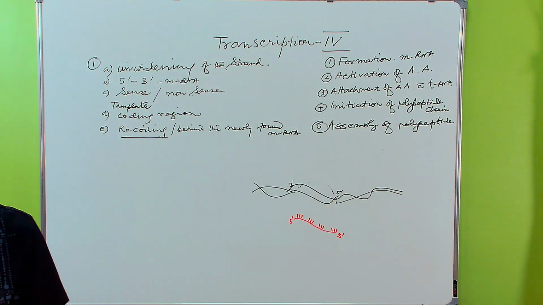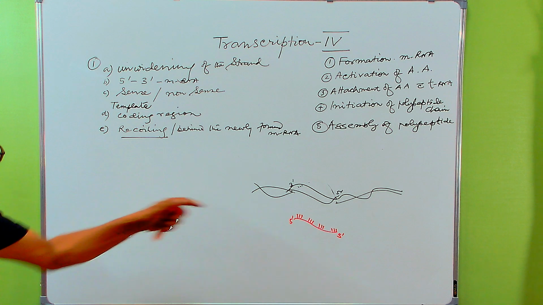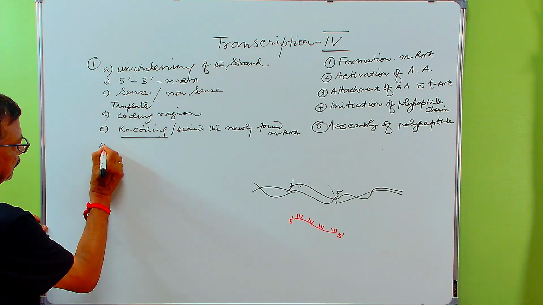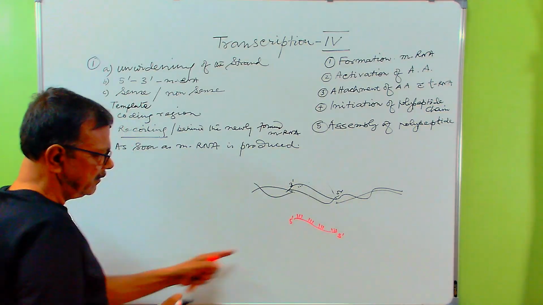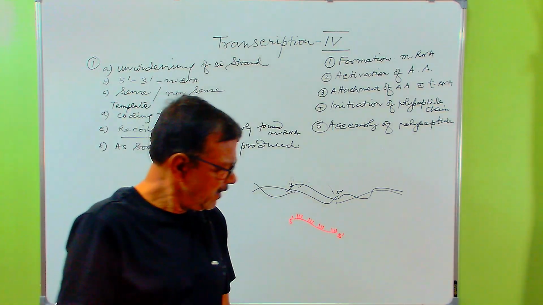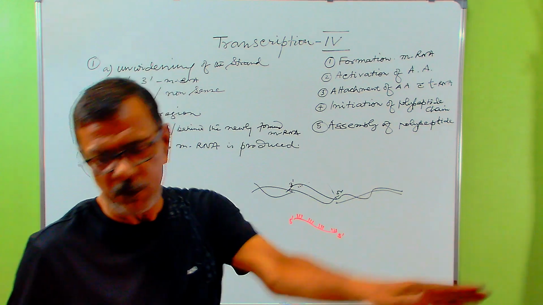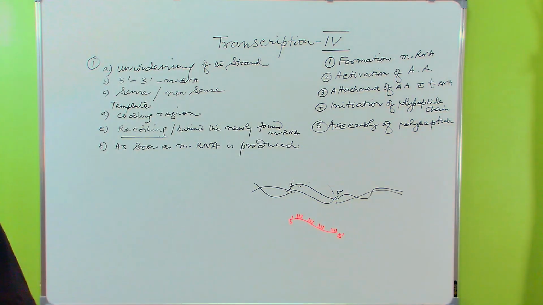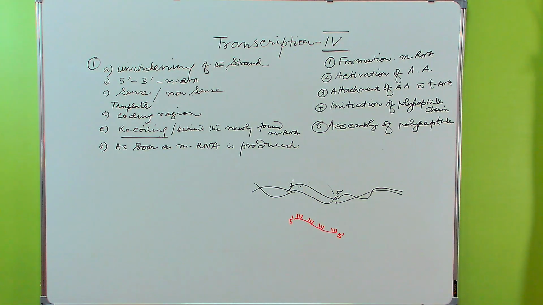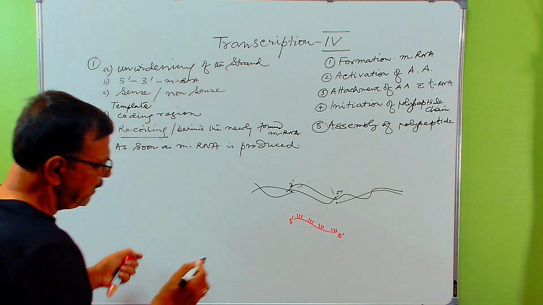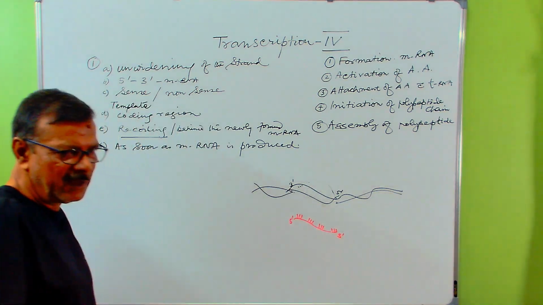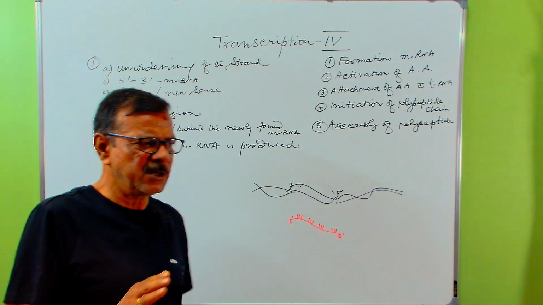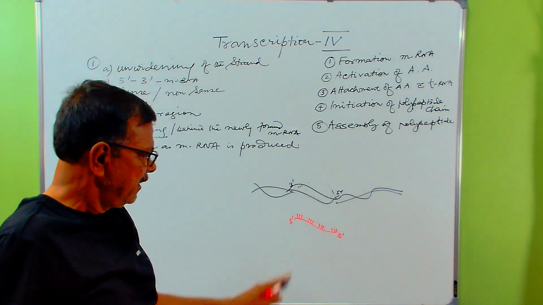Now as soon as mRNA is produced, it does not directly go into the cytoplasm, because it undergoes processing, splicing and other steps that you will learn in higher classes.